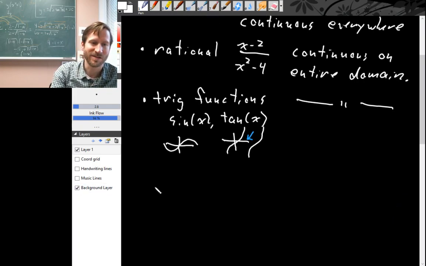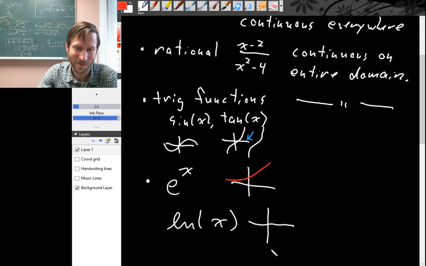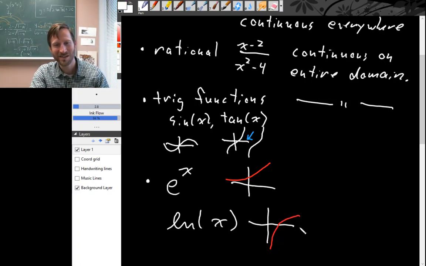All right, let's look at some other examples. What about exponentials or logarithms? Well, the graph of an exponential looks something like this. That doesn't have any discontinuities. And the graph of a logarithm, because it's the inverse of an exponential, looks something like this. And that doesn't have any discontinuities either.